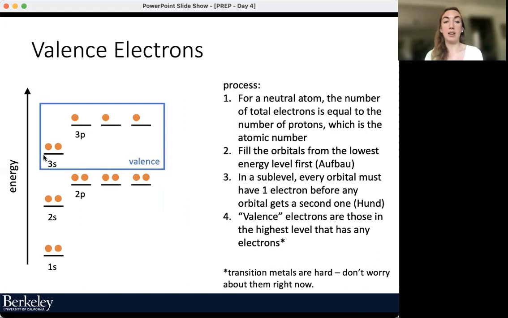And then this is our valence shell because it's the highest energy level that has any electrons in it. So it has 1, 2, 3, 4, 5 valence electrons. So it has 15 total electrons, 10 of which are core electrons, and 5 of which are in our highest level, and they're valence electrons. And then I can finish filling that valence shell.